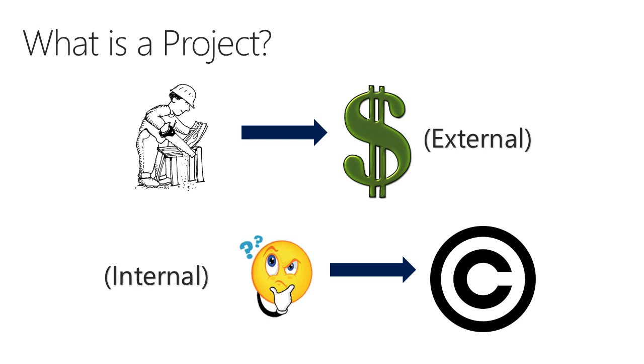Some examples of that could be an addition to an existing building, so your company's adding on to their current building, maybe developing software, or researching a medical advance. The end result of those is developing an asset.